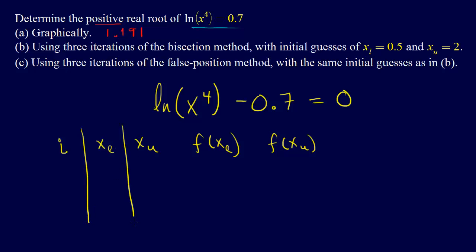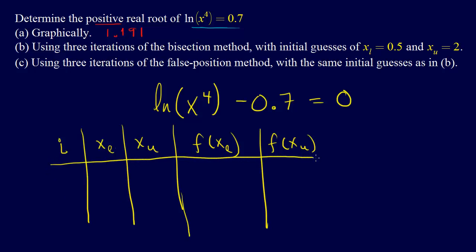And then we remember we're going to need a little more than this: we're going to do xr, which is our guess, xl plus xu over 2, and it'll be plus because it's an average.